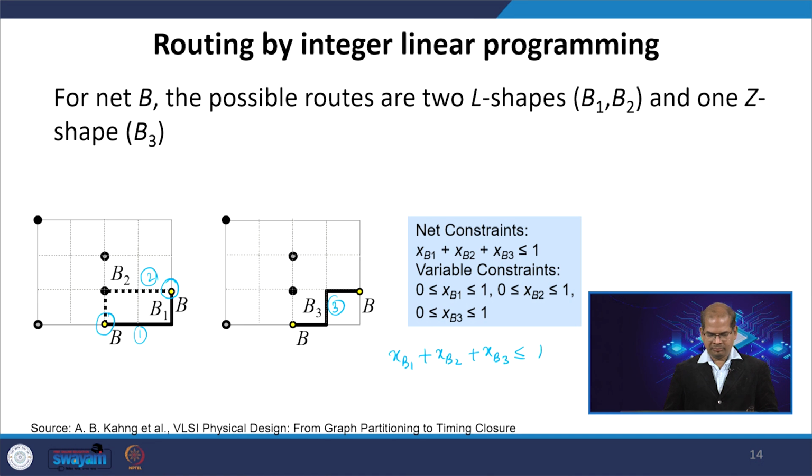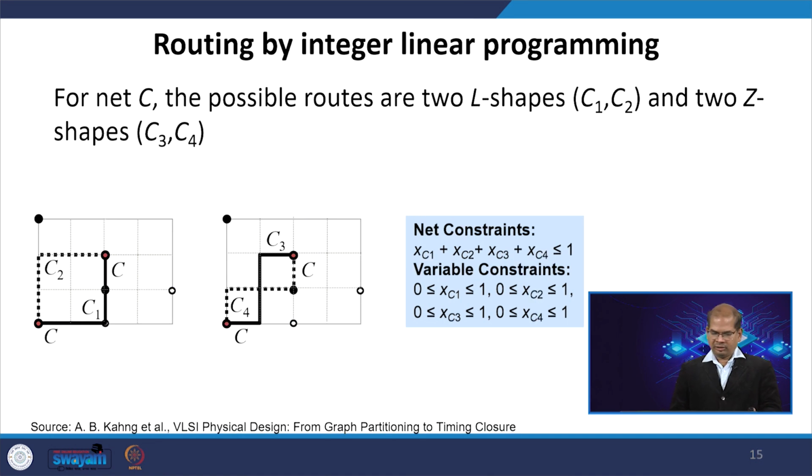Similarly, for net C, I have this is 1, this is 2, this is 3 and this is 4, 4 possibilities. This is the net constraint for C and this is the variable constraint for C.